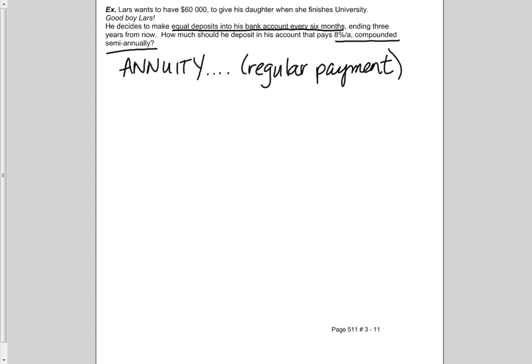We want to know what his R value will be. How much, if he has a certain goal in mind. He would like to give her $60,000. We don't know the R value. We know the I is 8% compounded semi-annually. So if it's 8% per year, it would be 4% semi-annually.